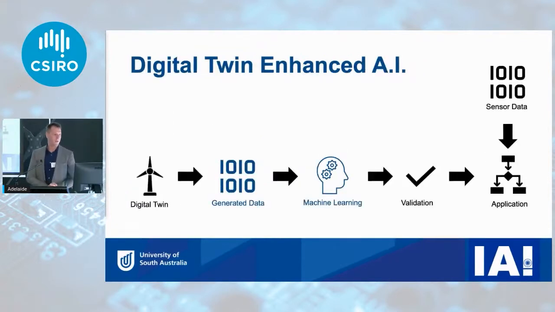So another way digital twins and AI relate to each other is that digital twins can be used to enhance AI. So the previous speaker mentioned that in some cases we might not have enough data. And that's exactly where this scenario plays in. In lots of applications, we may not have enough specific data to train an advanced neural network, for example.